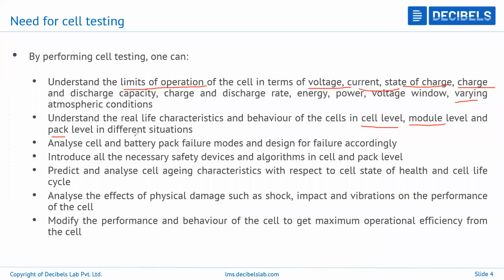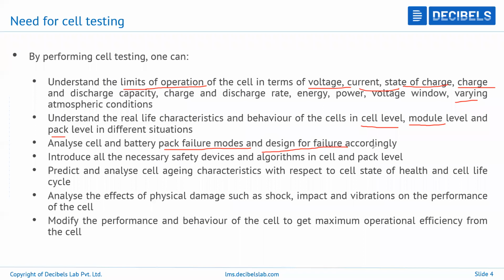Okay, so you're able to understand the real life characteristics and behavior, so you're able to test it out and understand how it is behaving in real time. Pretty much you can analyze how it would perform in real time. You're also able to understand the different failure points and failure modes of the battery pack and of the cell, and accordingly design for failure.